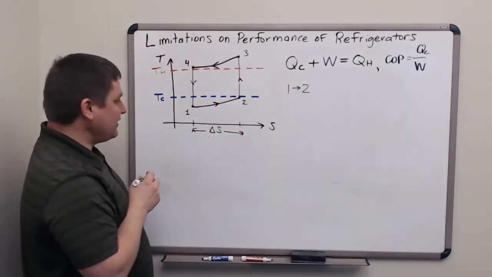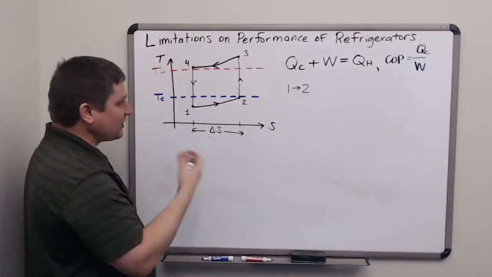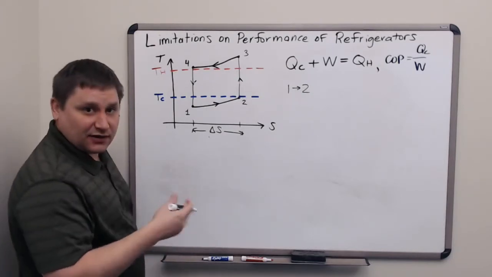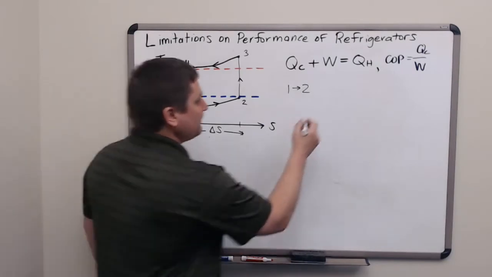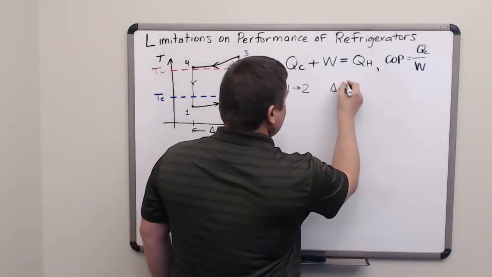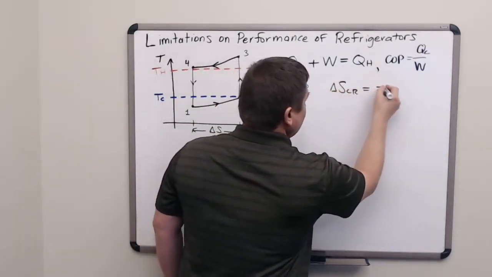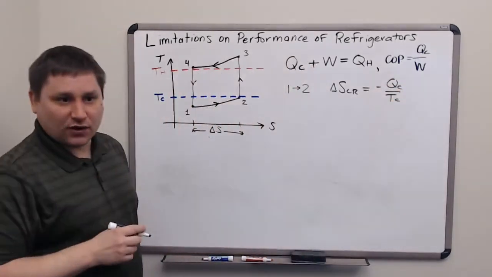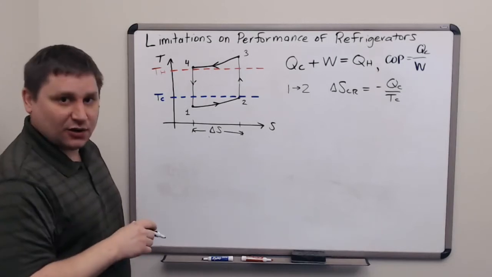During the step from 1 to 2, the entropy of the cold reservoir will change. The cycle absorbs heat from the cold reservoir, so the cold reservoir loses entropy equal to QC over TC.